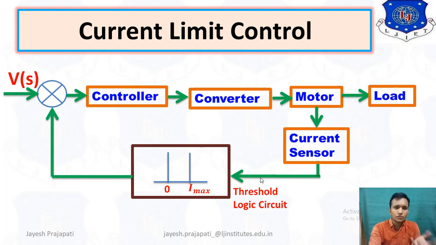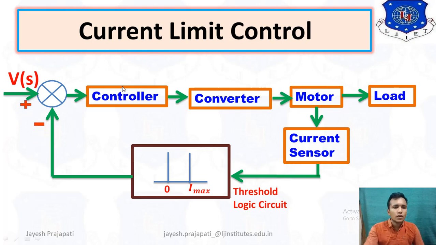Here we have the closed loop system: we give feedback from the motor through the current sensor to the summing point. So that is the closed loop operation of current limit control.